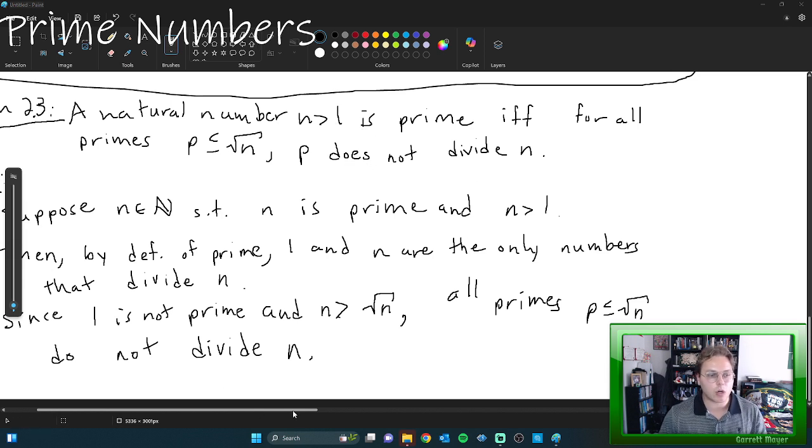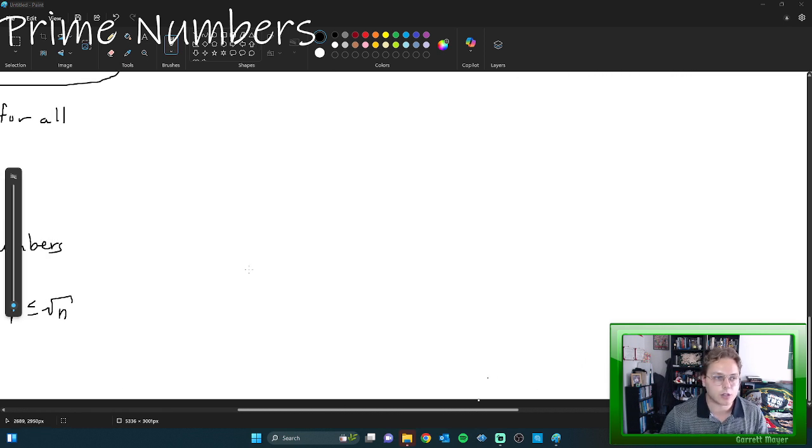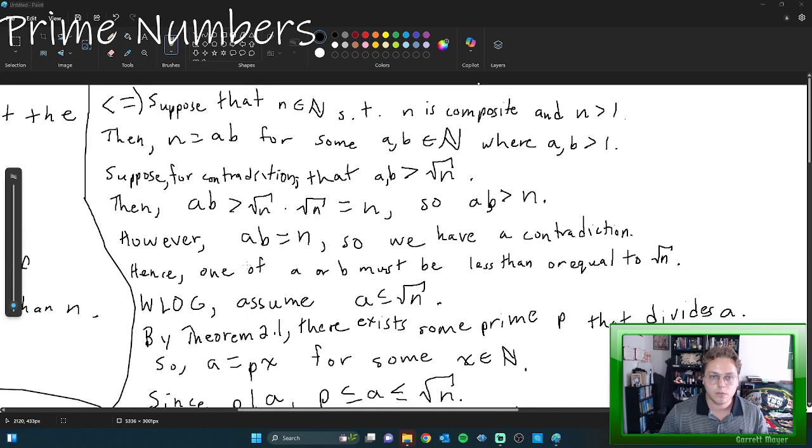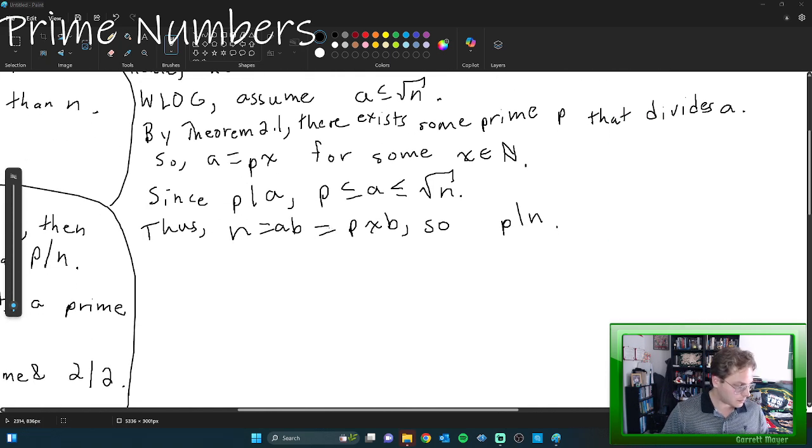So it's shown us that opposite direction through a contrapositive proof. So we can just write that last sentence out just to make it explicit.